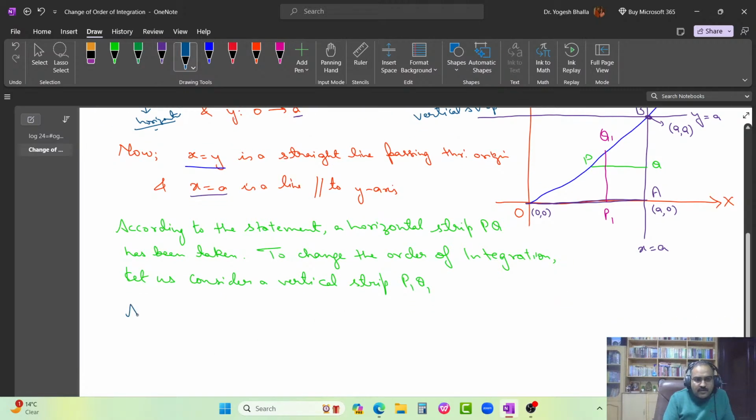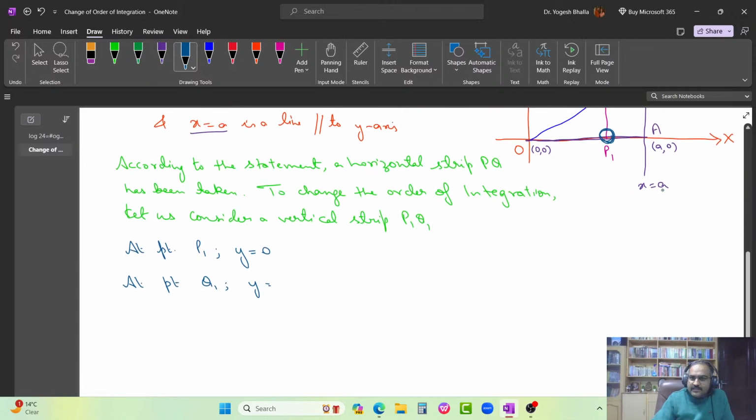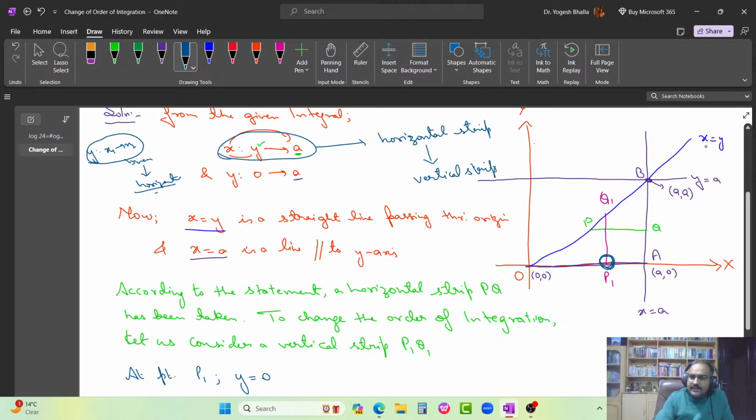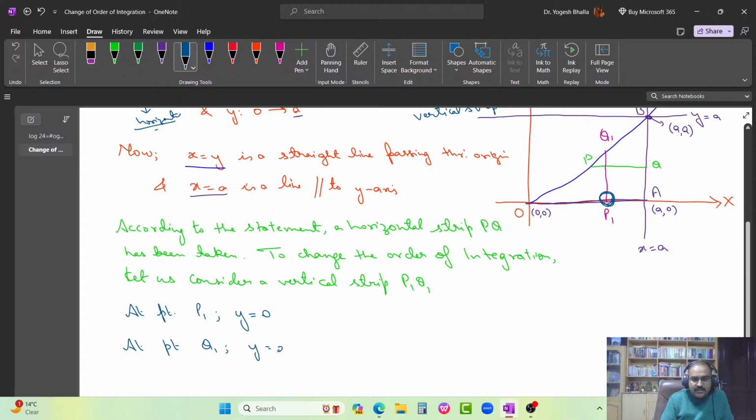Now at point P1, which is on the x-axis, the value of y is 0. At point Q1, which lies on the line x equal to y, y is equal to x.